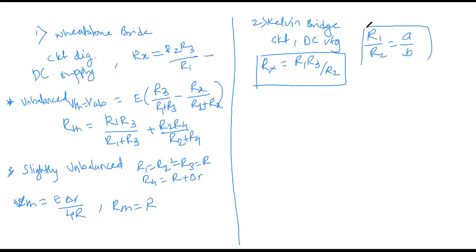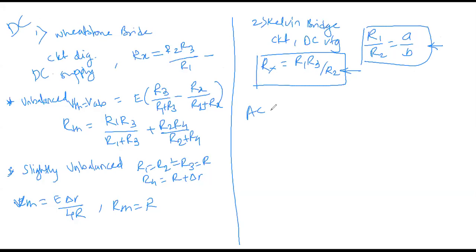If R1 divided by R2 is equal to A divided by B, then we get this equation for the unknown resistance. Then we have studied AC bridge.